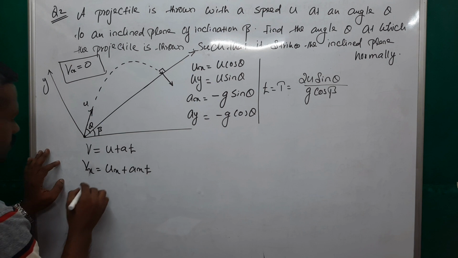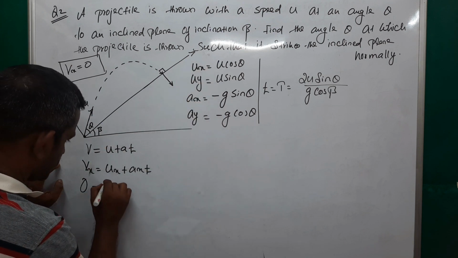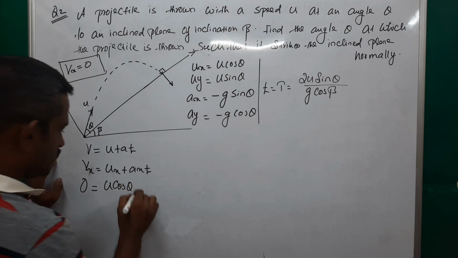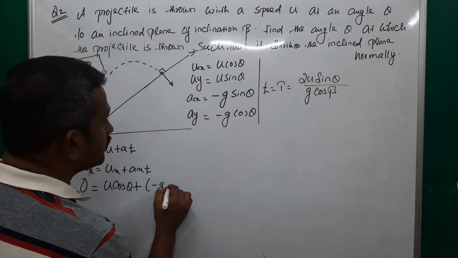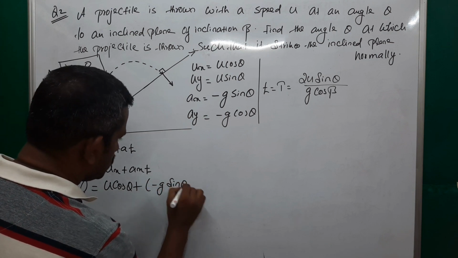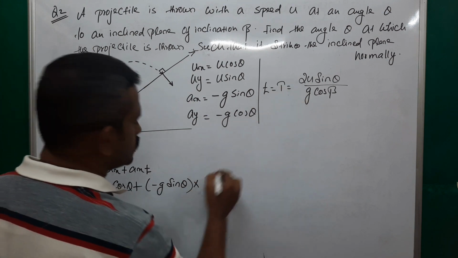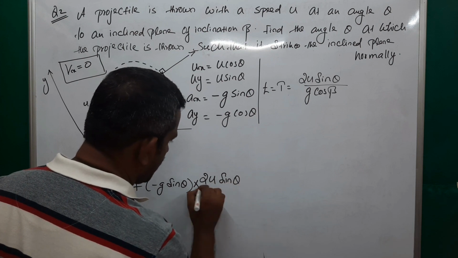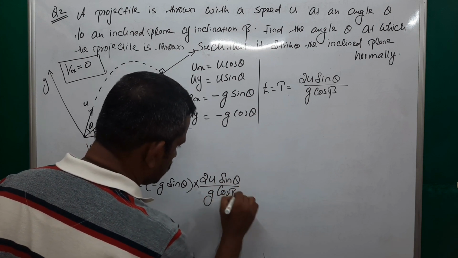So Vx equal to 0 is equal to Ux, that is U cos theta, plus Ax, that is minus g sin beta, into T, that is 2U sin theta divided by g cos beta.